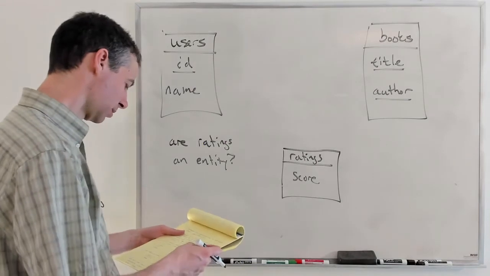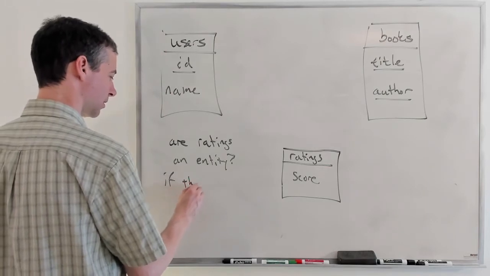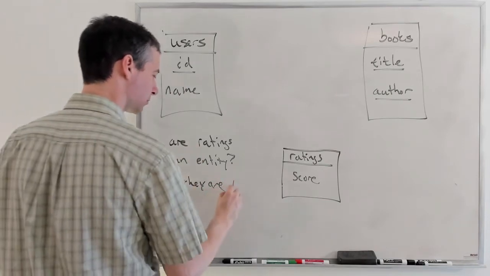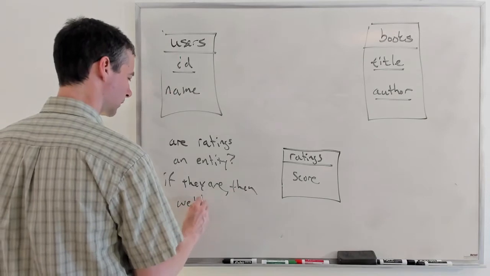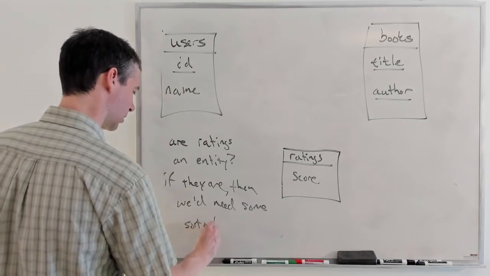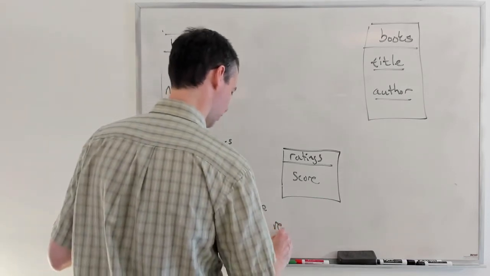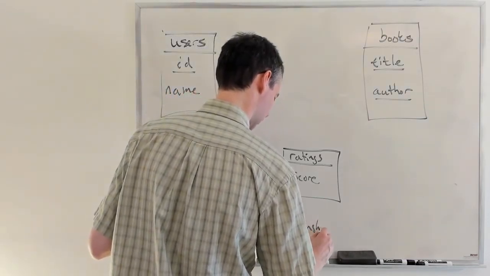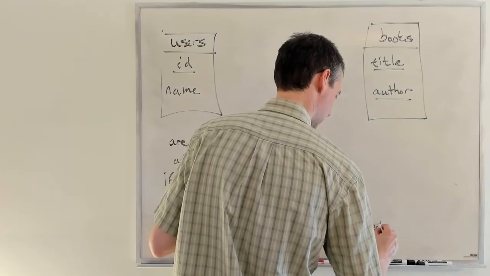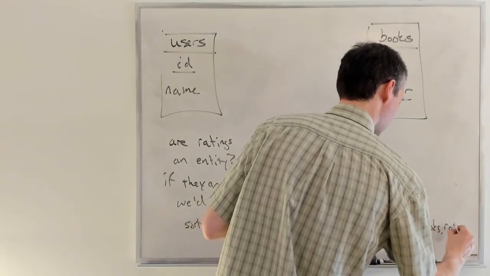If they are drawn like an entity, then we need some sort of ternary relationship to connect users, books, ratings.